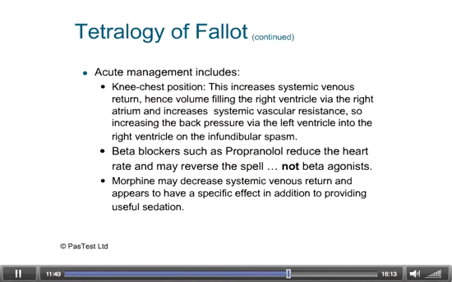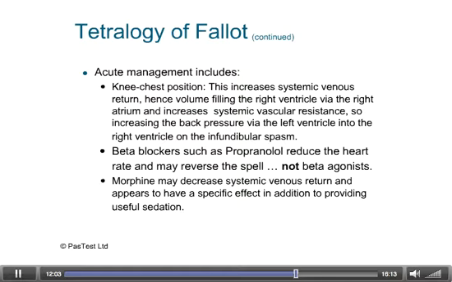Similarly, this increases the systemic vascular resistance, and therefore the back pressure as perceived by the left ventricle is increased. Overall, this is supposed to lead to an increase in right ventricular pressure and therefore may help to overcome the pulmonary infundibular spasm.